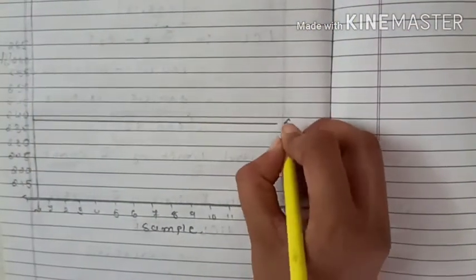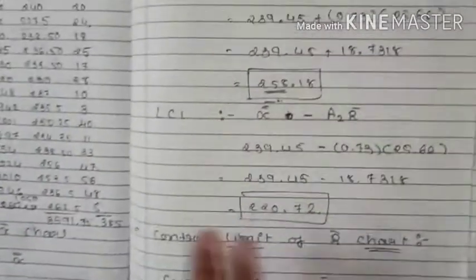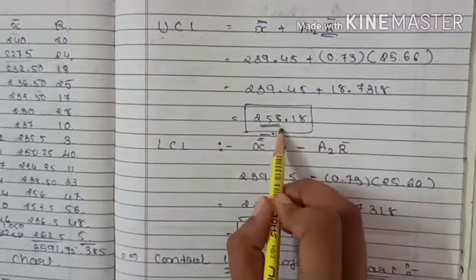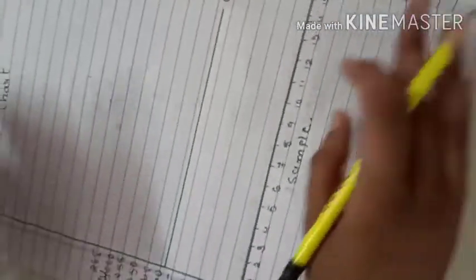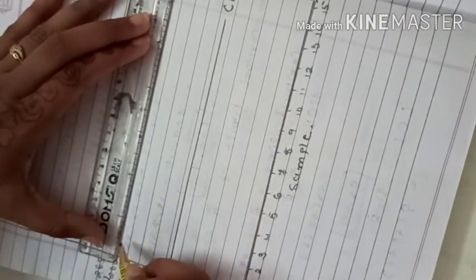This line is known as the central line, right? Now the upper control limit is 258, so slightly below the 260 we are placing a line.